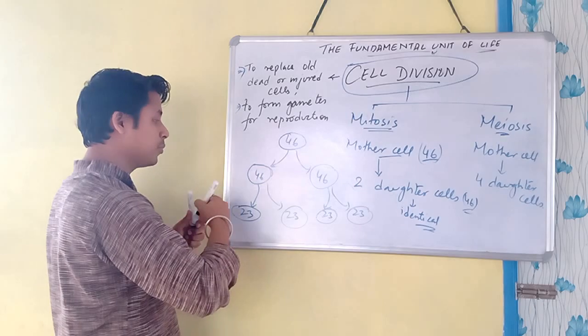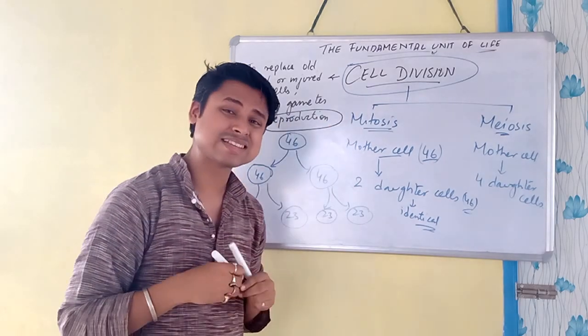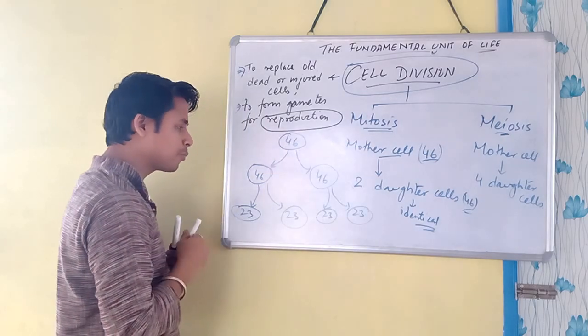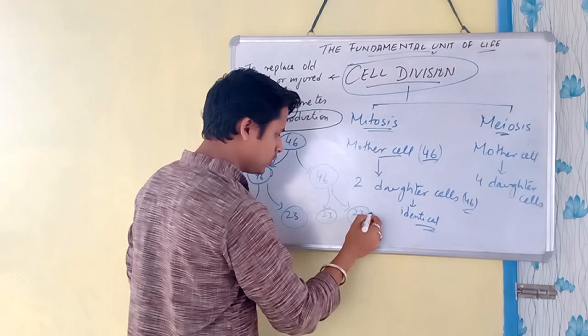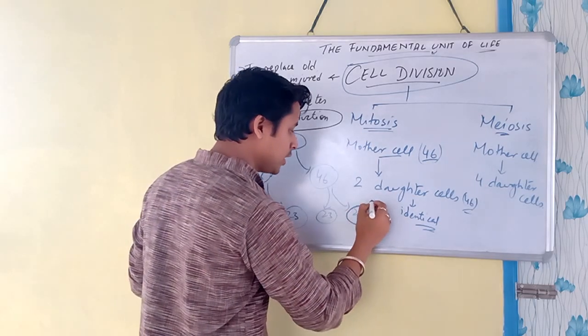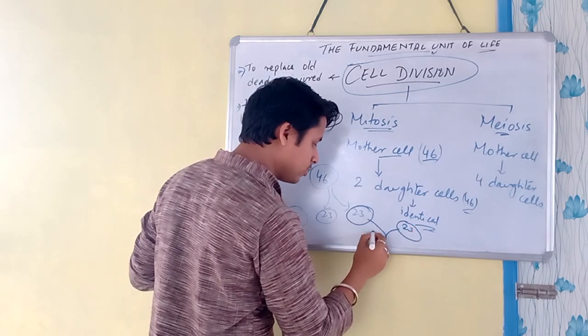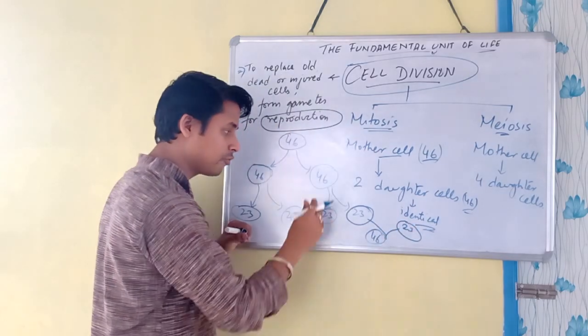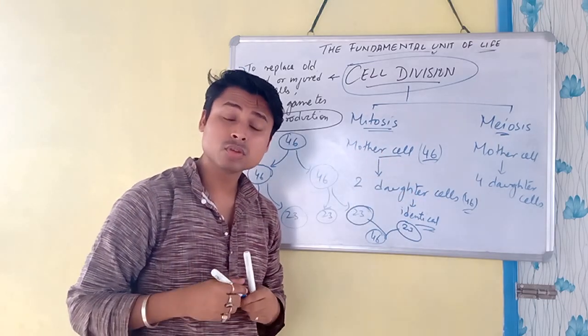Because if you remember, meiosis is for the reproduction process. Yes. So what happens? From the father, if this 23 is coming, right? So from the mother also 23 has to come. Then only the child will have the 46 chromosomes. If 46 and 46 chromosomes come, then it will become 92 chromosomes, right?